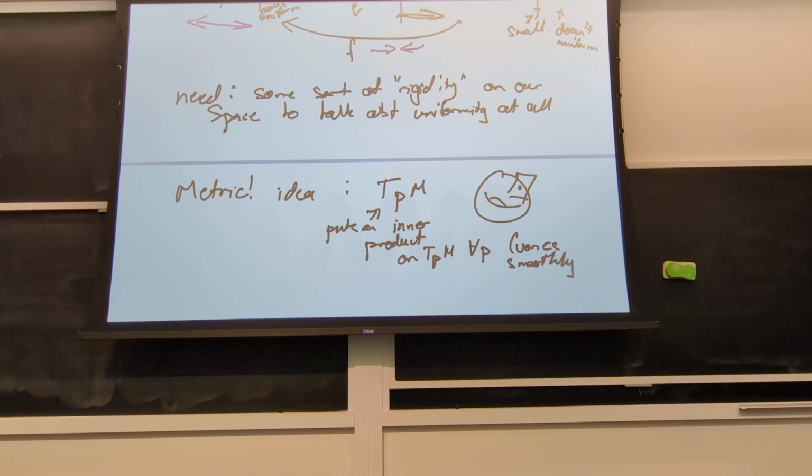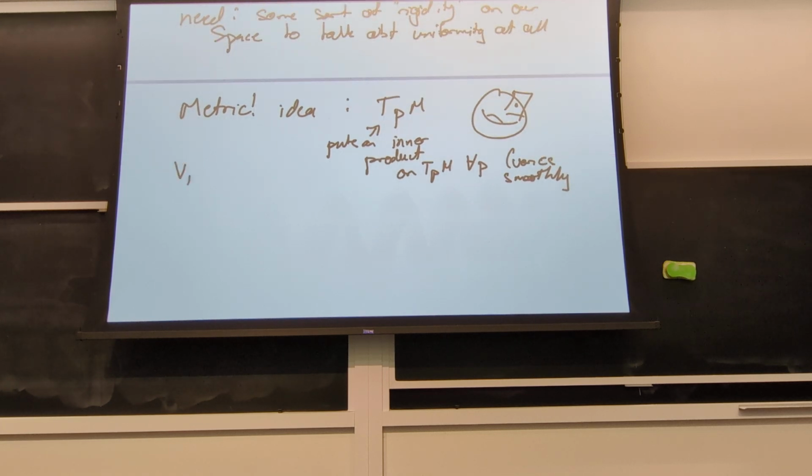Okay, so what does this mean? This means that if you have two vectors v and w inside T_pM, then you can do something like <v, w>, or sometimes I'll write it as g(v, w), and this will be some real number. And so this is just a dot product.